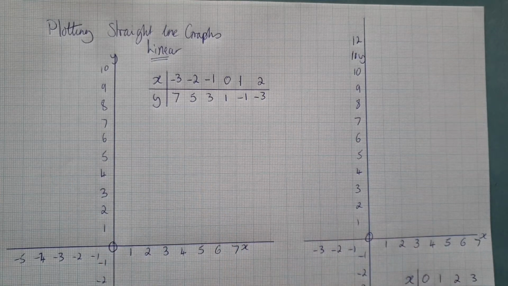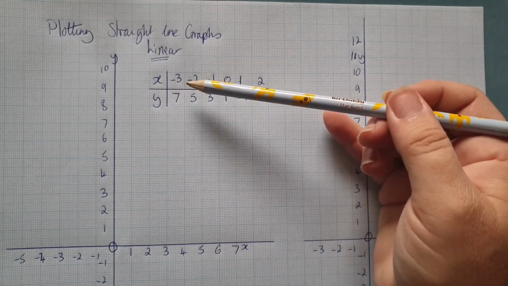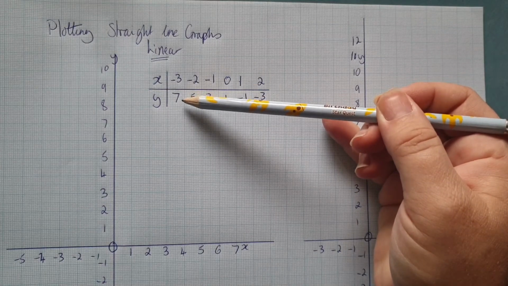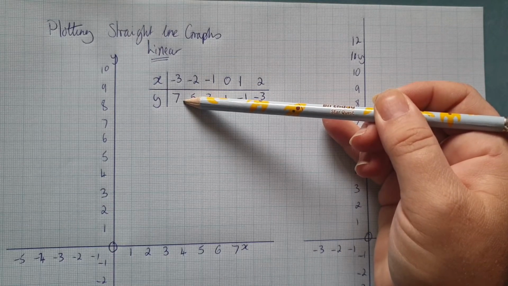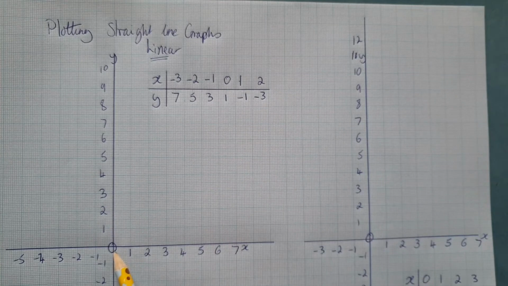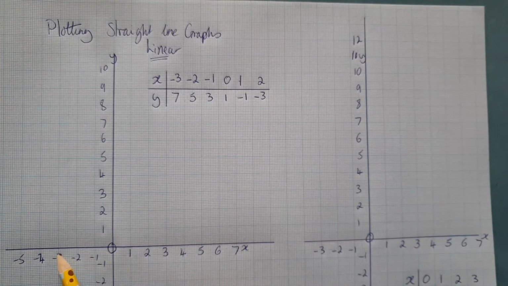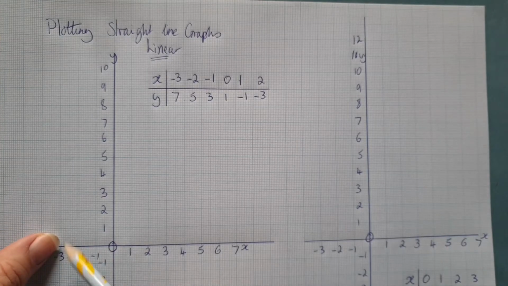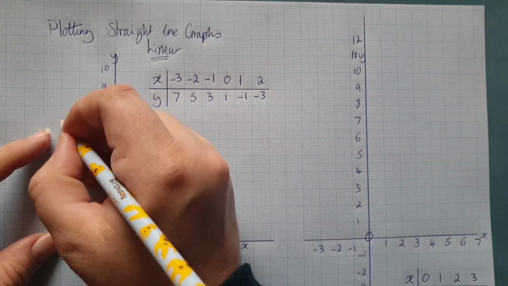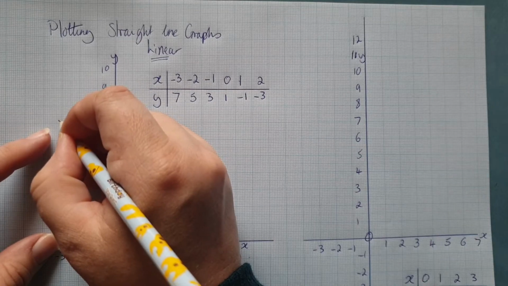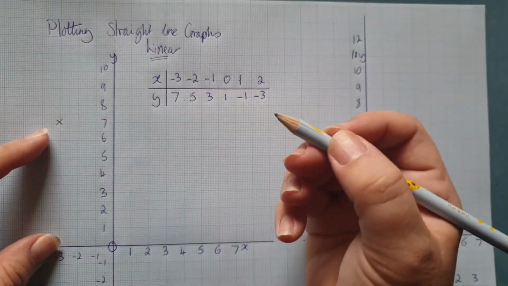Right, so let's plot. First point we've got is -3, 7. So as always, you go along the corridor and then up or down the stairs. So -3 to here and 7 up to here, and I mark it with a nice neat cross.